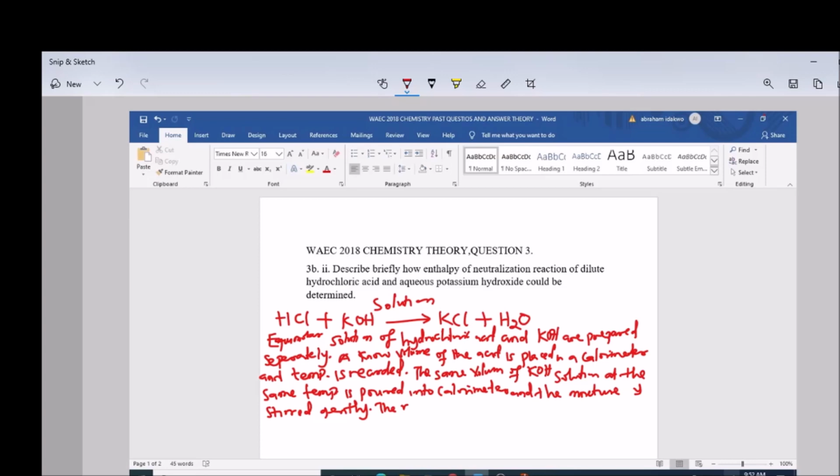Then the enthalpy of neutralization, that is our H of neutralization, is given as the mass of solution multiplied by the specific heat capacity of water times the change in temperature.